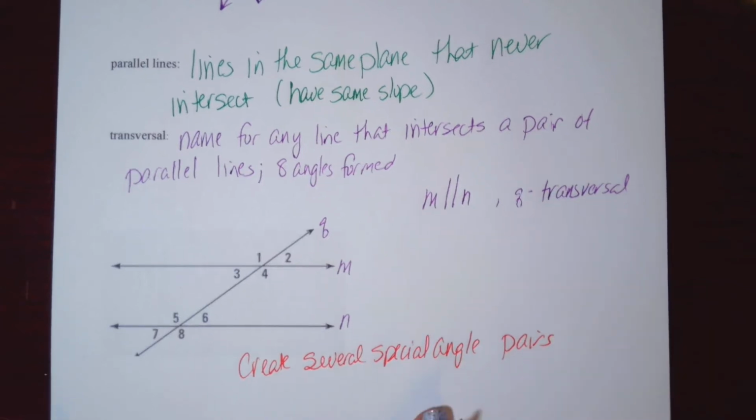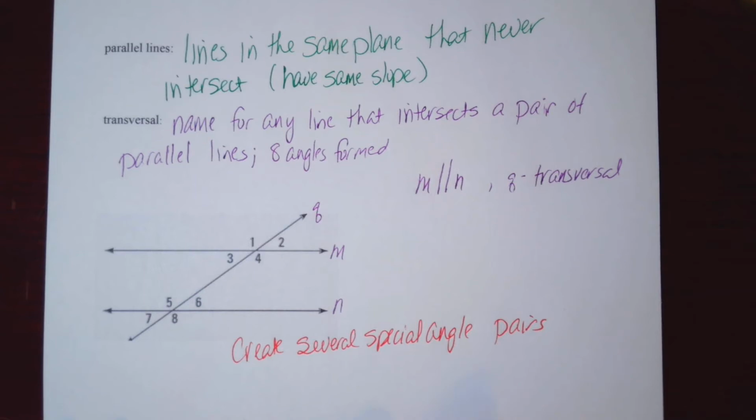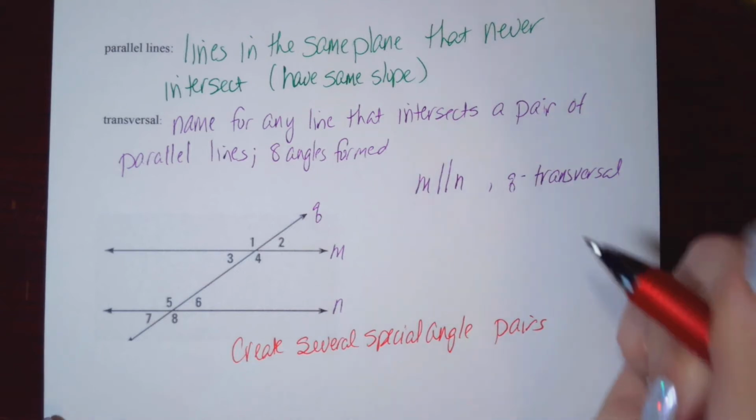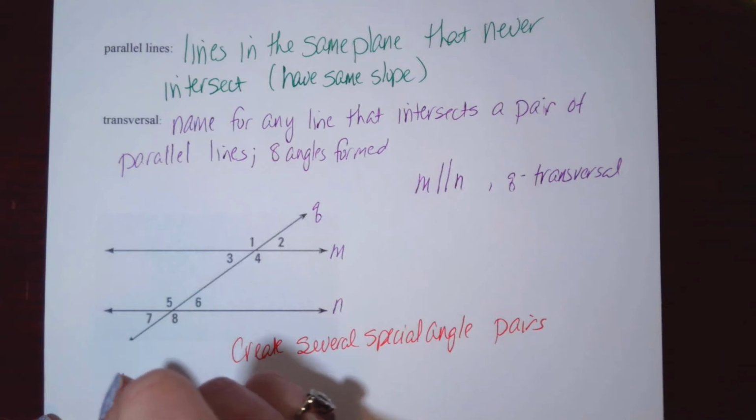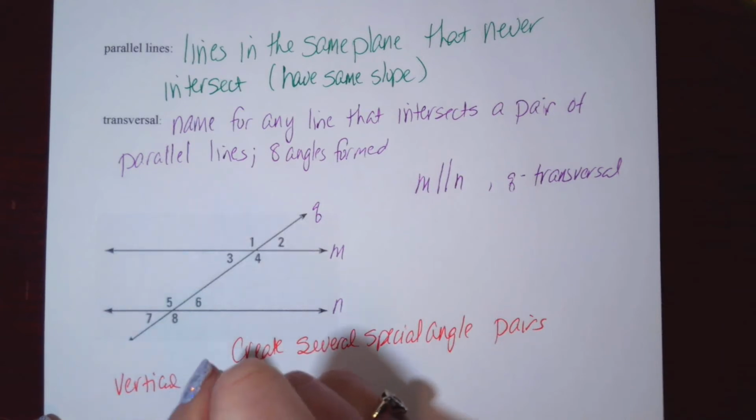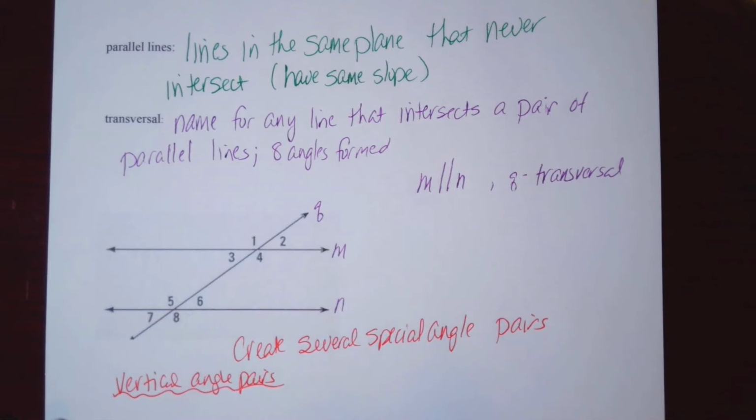Now, we've already talked about vertical angles. Hopefully you can pick out 4 pairs of vertical angles here. So take a second and see if you can find the vertical angle pairs. Remember, vertical angles will have the same measure.